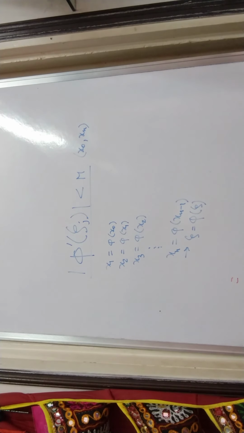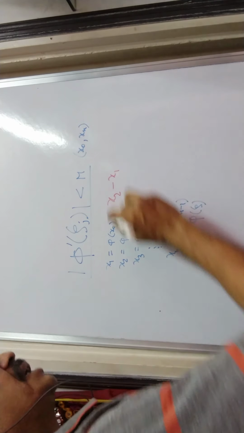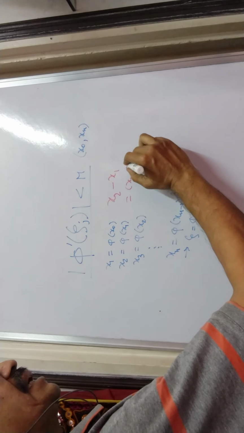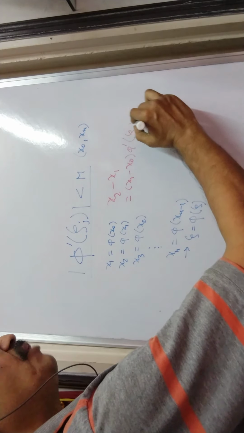Now if you move on to employ mean value theorem step by step, x2 minus x1 is nothing but x1 minus x0 into phi prime zeta 1.